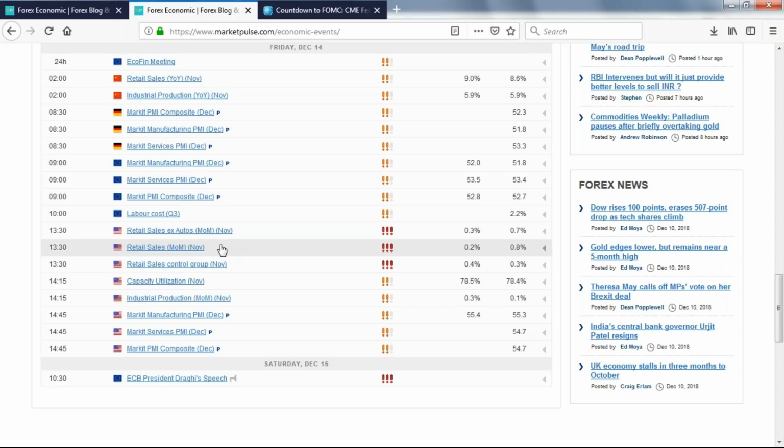This is very much a consumer-driven economy. Services represent more than three quarters of the US economy, of which I think around half is consumer spending. So we can't underestimate how important this data is for signaling the real strength, the real backbone of the US economy. And then we've got a selection more that follows as well. So we could see a nice little bit of intraday volatility here.